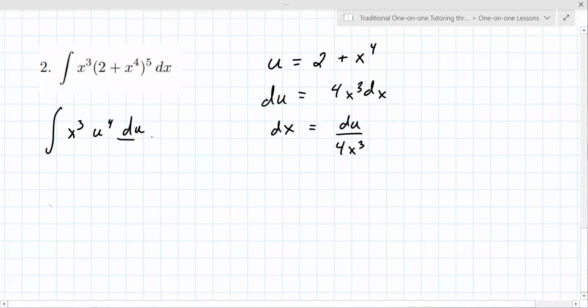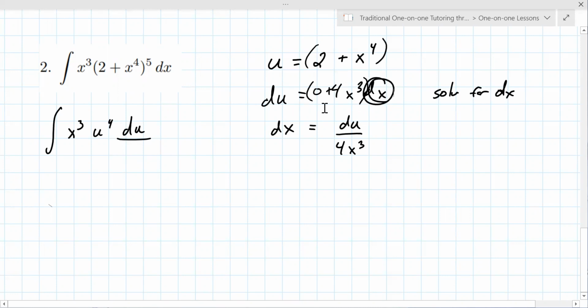I'm confused how you do the dx because I got the du. You're asking how to take the derivative? Like this on the right here is the derivative. The derivative of 2 is 0 plus 4. No, I got the du, but how do you get your dx? You just solve for dx as if this is a variable.